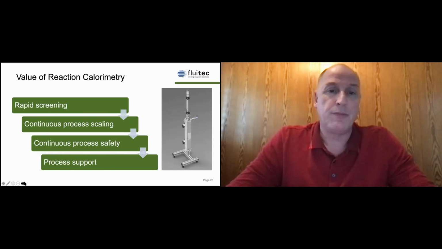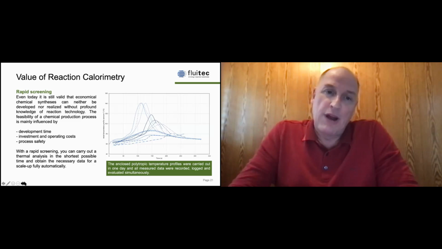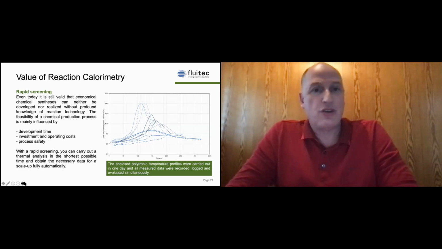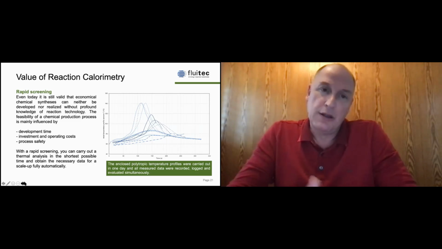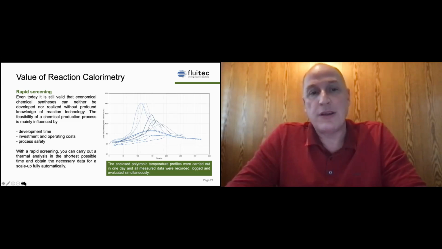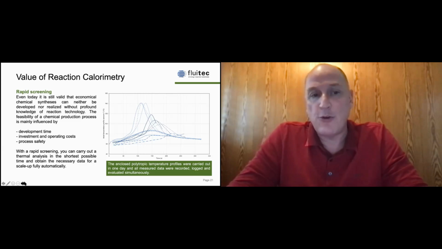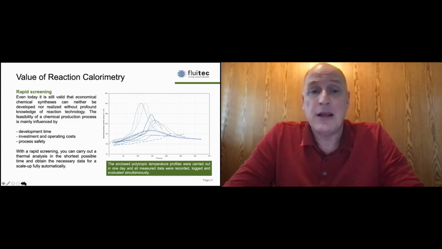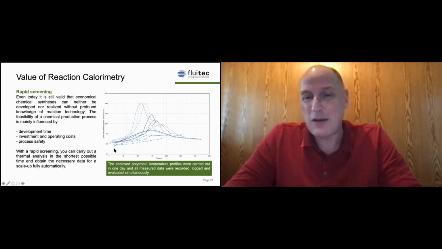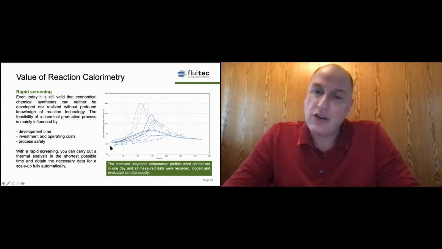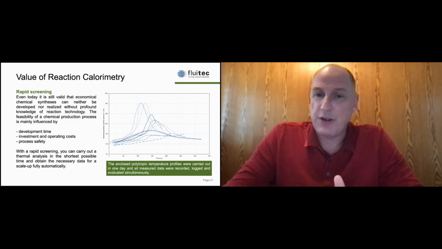A rapid screening, what is this? You prepare the reaction that you want to run, you have the liquids, you prepare the reaction calorimeter dosing systems, and in one day you do the rapid screening. That means quite simply, you run a reaction with different flow rates, with different temperatures, and then you analyze the temperature profiles that you get along the static mixer.